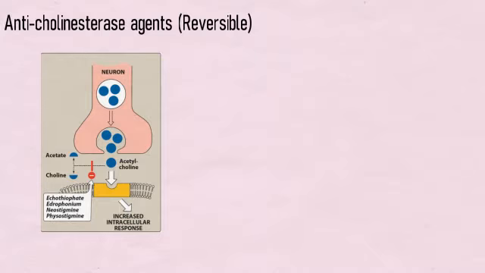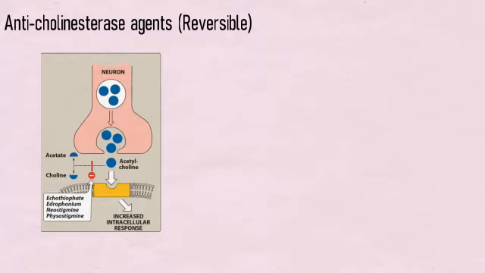After activating its receptor, acetylcholine is broken down by acetylcholine esterase. You can see in this figure, this acetylcholine is broken down to acetate and choline. So all those drugs that are indirect acting actually prevent this breakdown of acetylcholine.